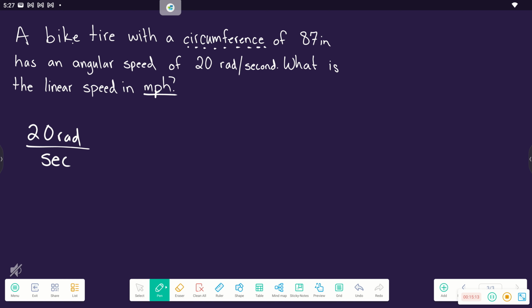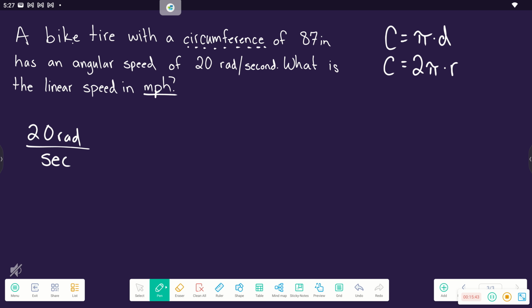So, a quick reminder, circumference is pi times diameter, in case you can't remember. The other way we can write this is circumference is 2 pi times the radius, because our diameter is 2 radiuses put together. I am going to use this information to find out what our radius is.